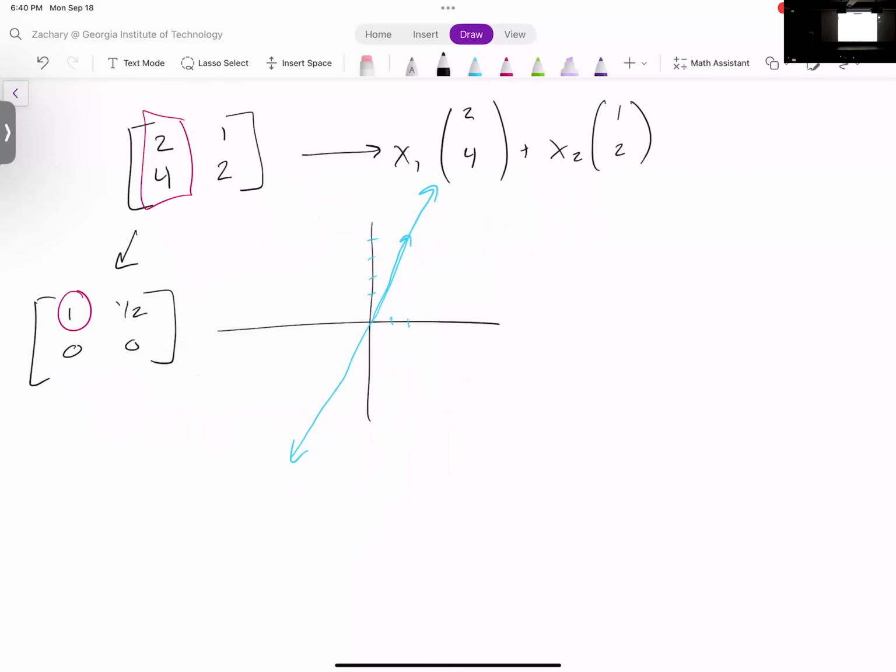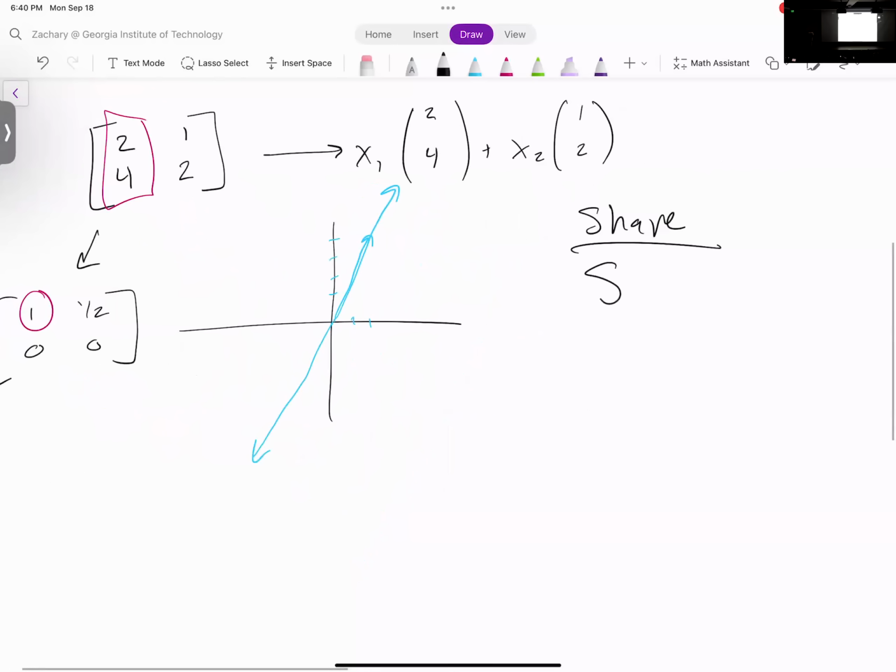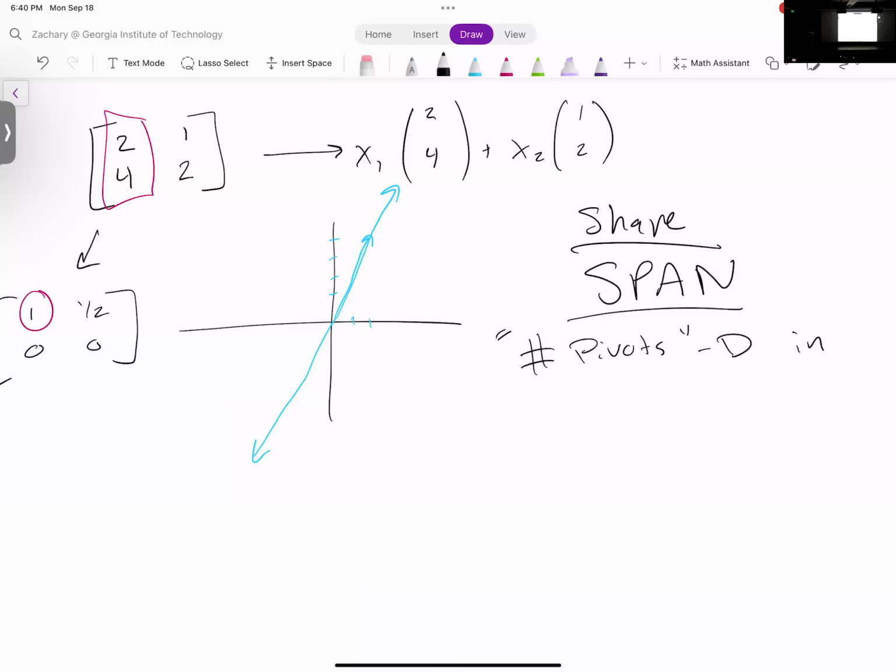Another really big thing that I write: when you get your exam, either memorize it or turn the page and write it down just so you make sure you remember this, okay? For the shape of each geometrical space, for a span, the shape will always be number of pivots dimensional in R to the number of rows.